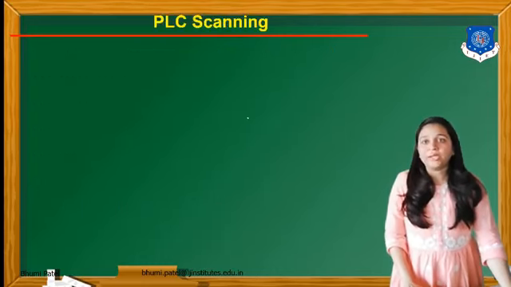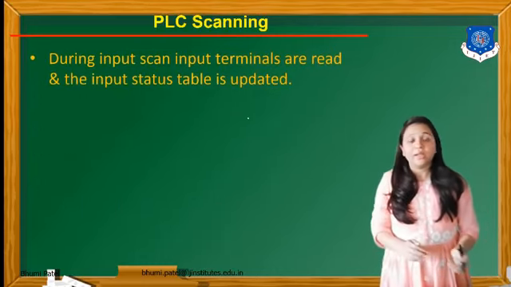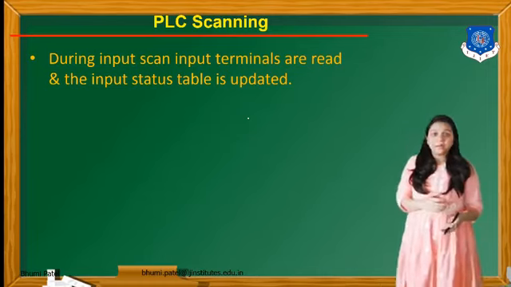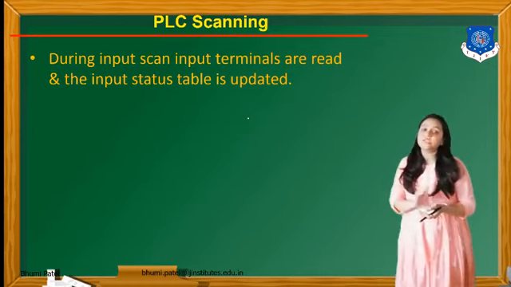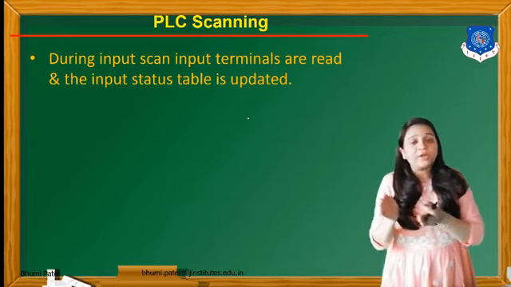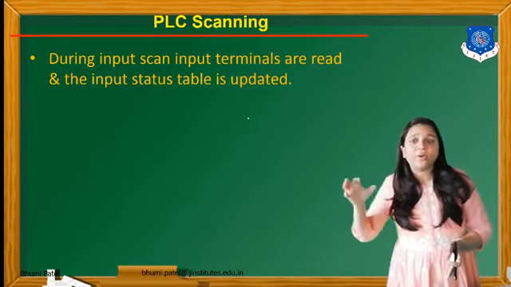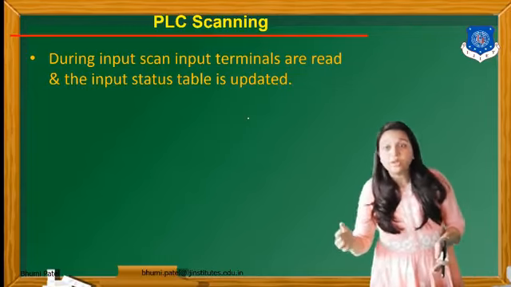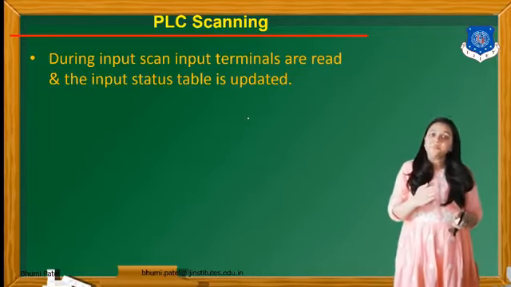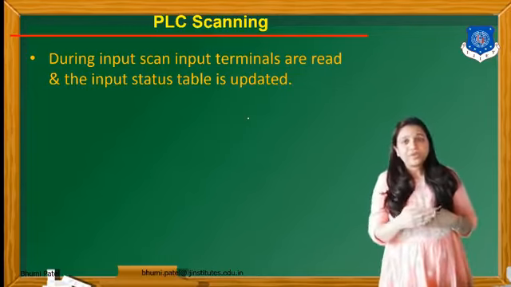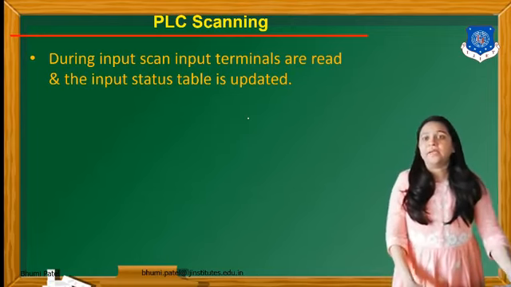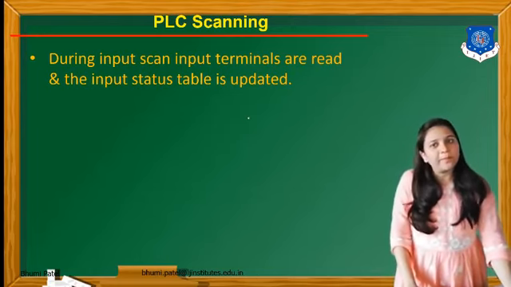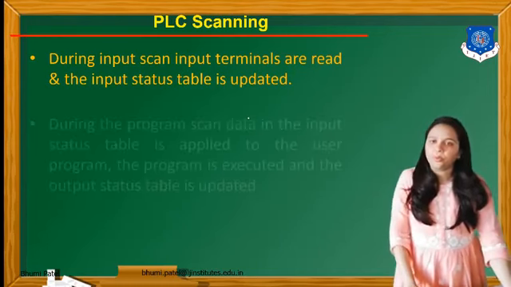Now during the input scan, the input terminals are read and the input status table is updated. Before the input scan, there is the input status table that we studied in chapter number 1. During the input scan, they read the input data and the input status table is updated according to the program.